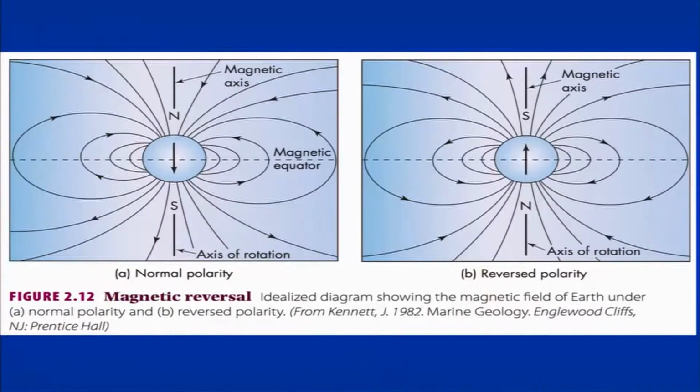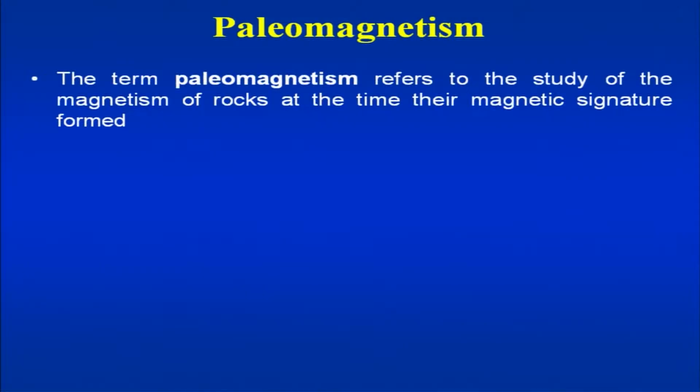And further, as we have discussed, the magnetic polarity never remains the same. What we see now is north south, but at some point of time the polarity will be reversed, and this was observed in the area of spreading centers where we have negative and positive anomalies, which will be shown in the next slide.